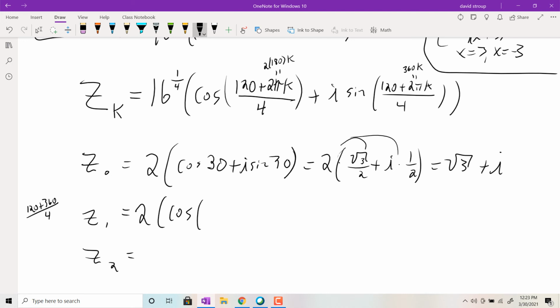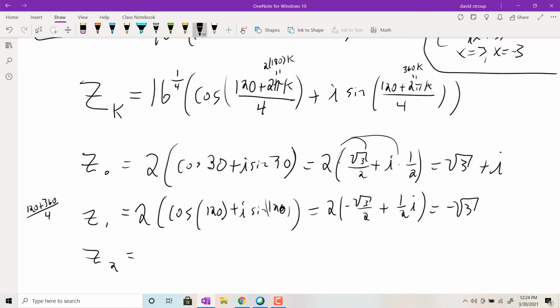So that would be 480 divided by 4 is 120. So cosine 120 plus i sine 120. Again, that has a reference angle of 30. It's in the second quadrant, so cosine will be negative there. Root 3 over 2, and sine, of course, is positive, 1/2 i. So it'd be negative root 3 plus i this time.